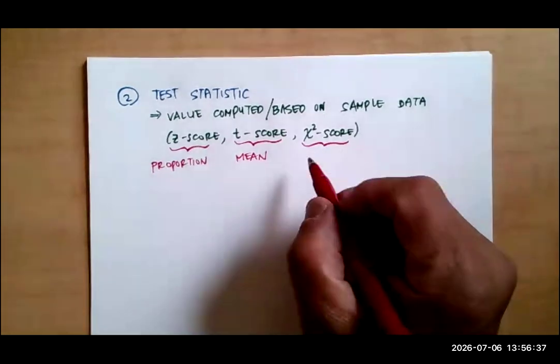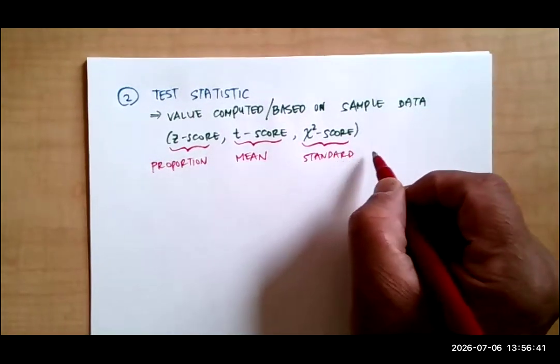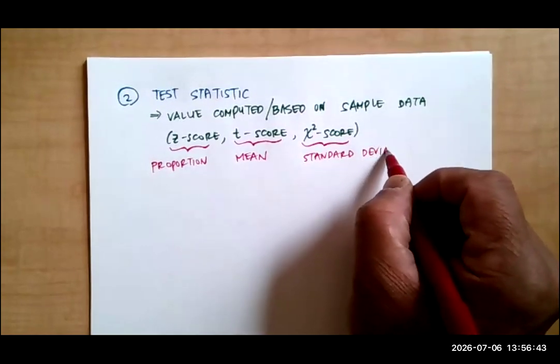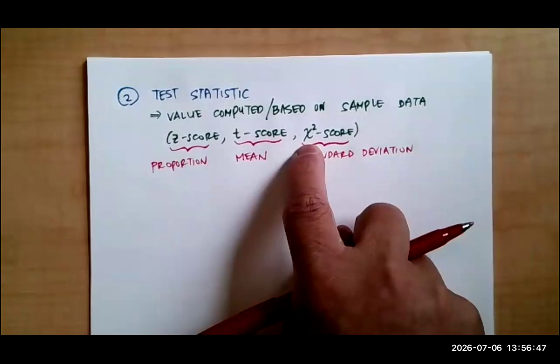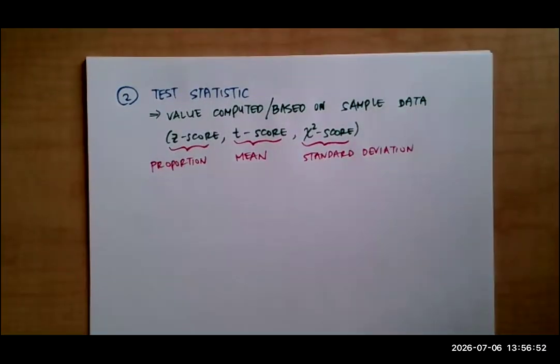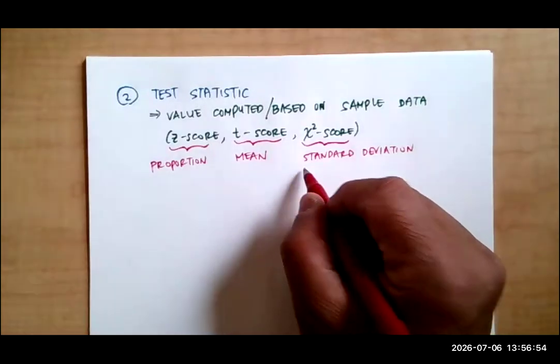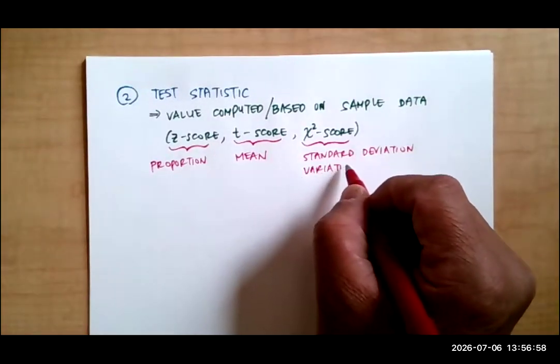And now when it comes to standard deviation or variance, another distribution shows up, this chi-square. This is the Greek letter chi, C-H-I, how you spell it out in English, but the chi-square score is when we're doing standard deviation or variance.